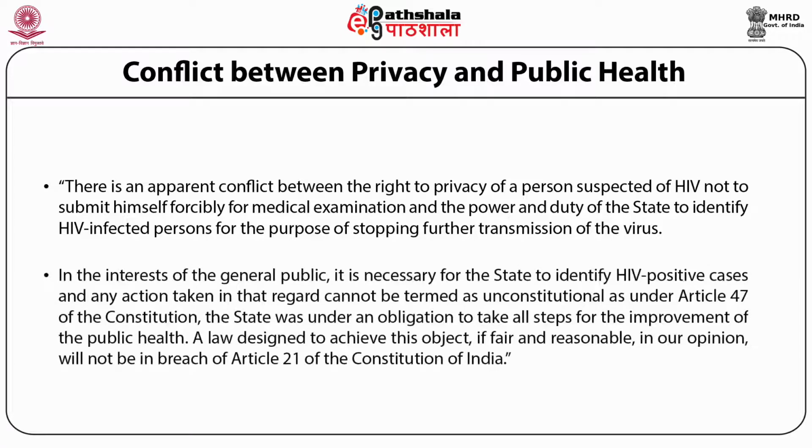In the interest of the general public, it is necessary for the state to identify HIV positive cases, and any action taken in that regard cannot be termed as unconstitutional, was what the court said, as under Article 47 of the Constitution, the state was under an obligation to take all steps for the improvement of public health. A law designed to achieve this object, if fair and reasonable, in our opinion, will not be in breach of Article 21 of the Constitution of India. So the court again restricts it, right?